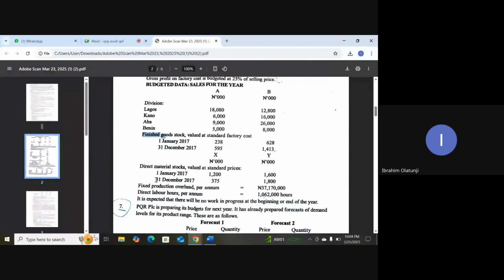So closing stock, 31st December, is 375,000.